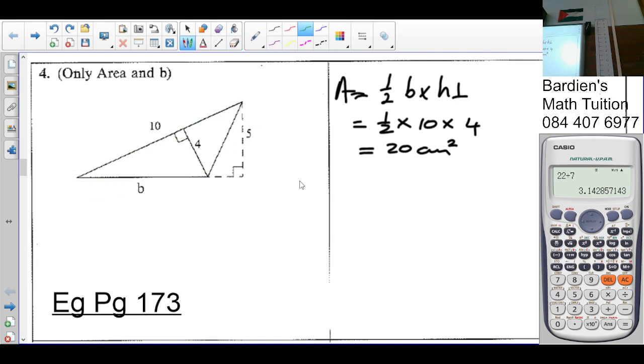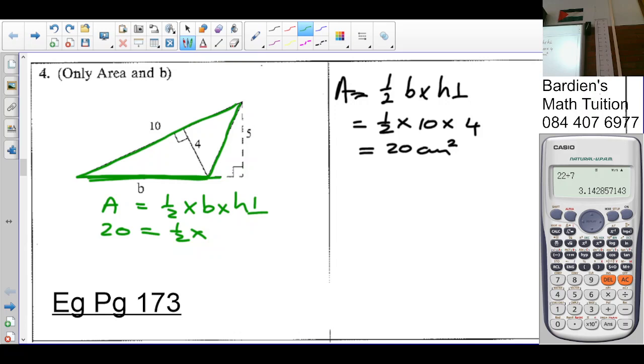So, if I now work in reverse, area of a triangle is half base times perpendicular height, not so? But what is the area of this triangle? We worked it out now: 20. So 20 is equal to half, what's the base? B, times the perpendicular height, which is 5. Can you see that?